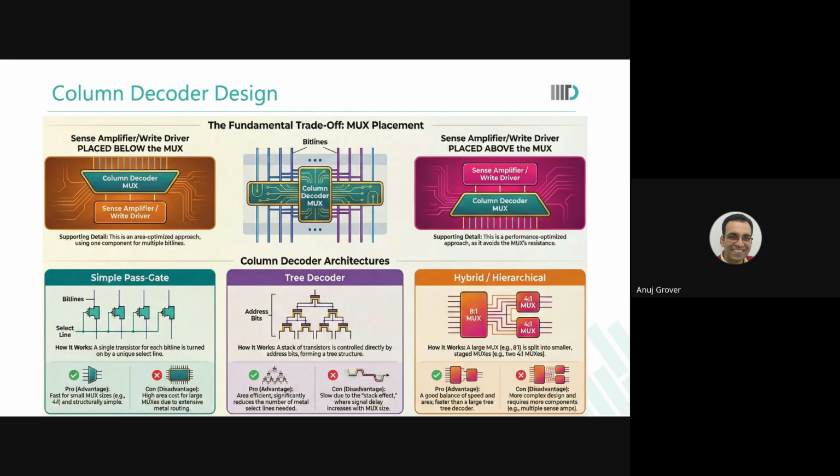And many times ROMs are high density, so speed is not a botheration. So in such ROMs, you say, why pre-charge? Let the bit line leak to whatever level. It's not going to impact my contents at all. So why pre-charge at the end of the cycle? I will pre-charge only at the beginning of the cycle.